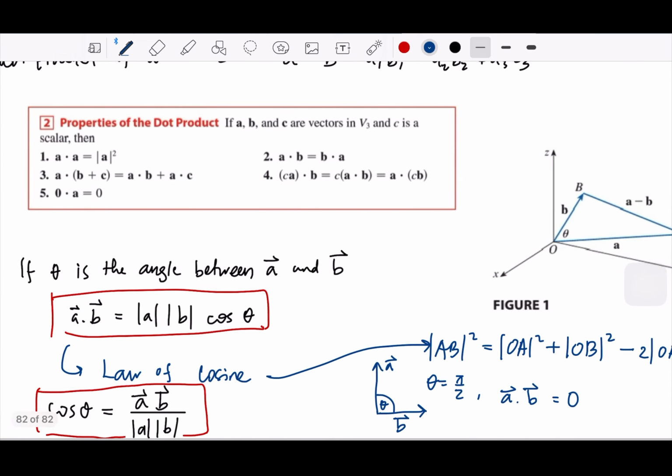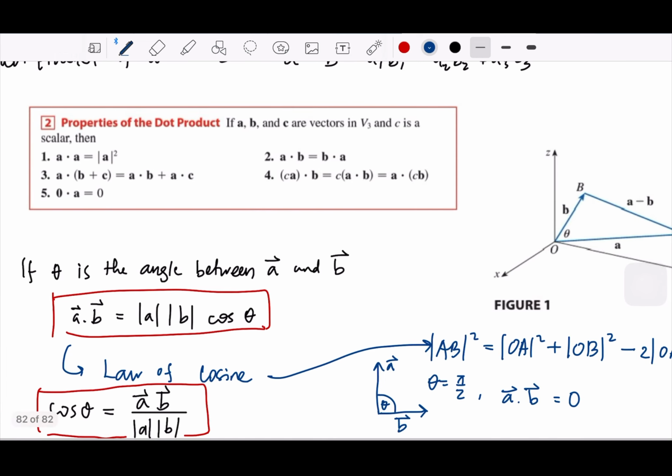Okay. Now from this dot product, from the angle theta that we have between these two vectors, we will have another term which is called the direction angle.